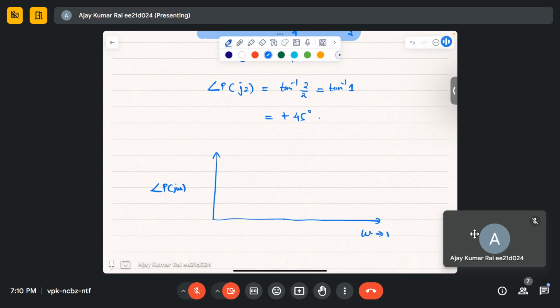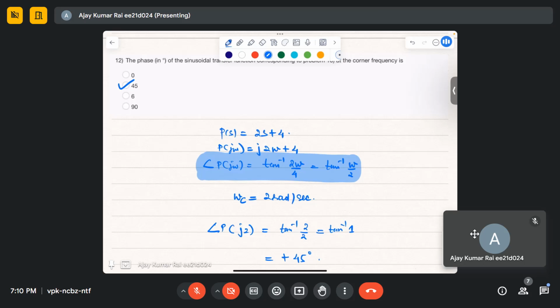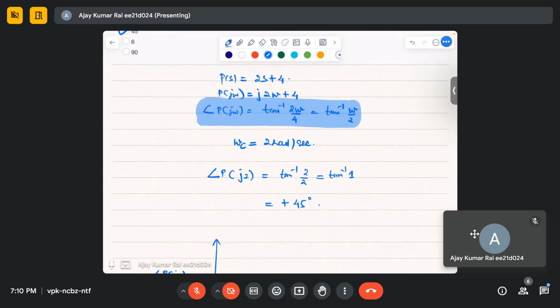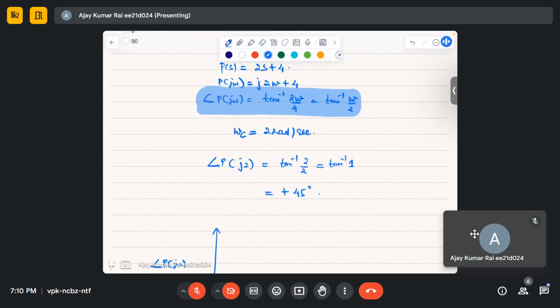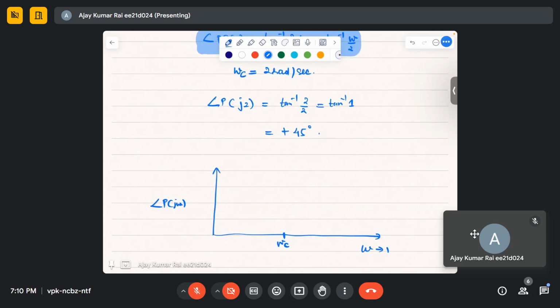This is the corner frequency, equal to 2 radian per second, so the phase is 45 degree. But when omega is very small, close to 0, if you put tan inverse of 0, what will you find? Tan inverse of 0 is 0 only. So for very small frequencies closer to 0, your phase will be equal to 0 degree.